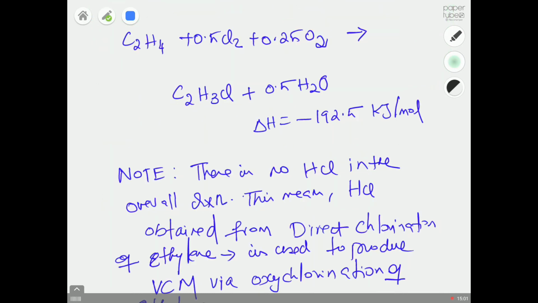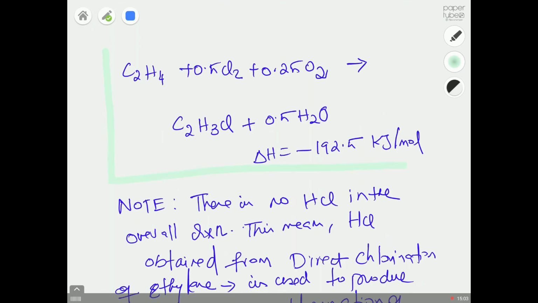That's your reaction stoichiometry. It will be 1 mole of ethylene, half a mole of chlorine, and a quarter mole of oxygen, giving rise to our main product, vinyl chloride monomer, plus half a mole of water. And if you look here, follow the pink highlighter now.